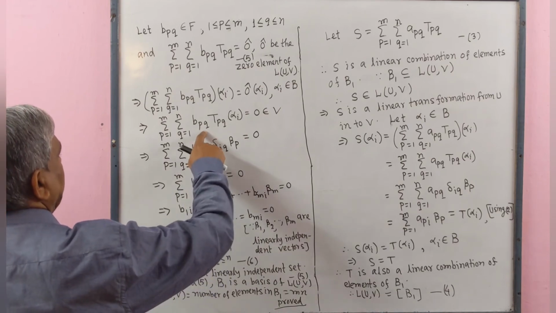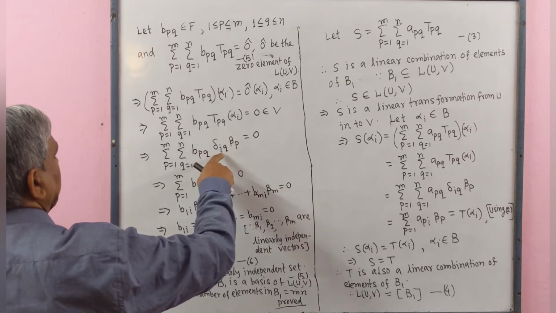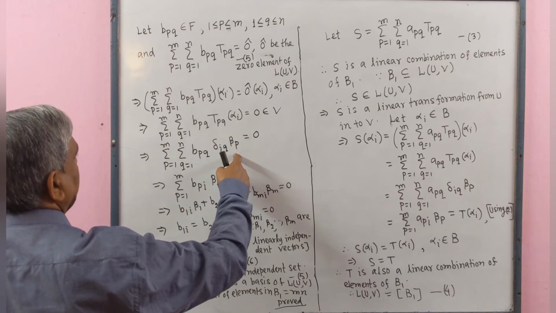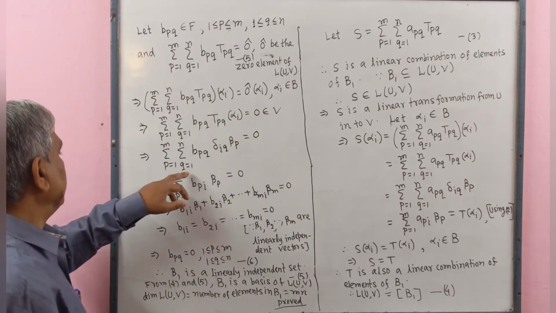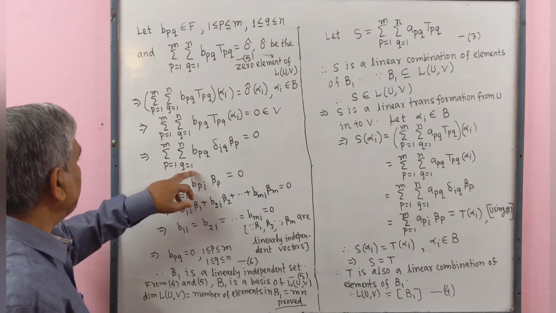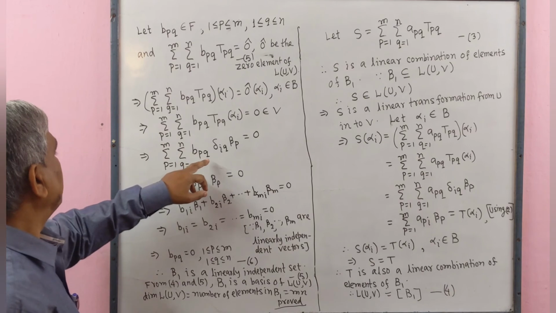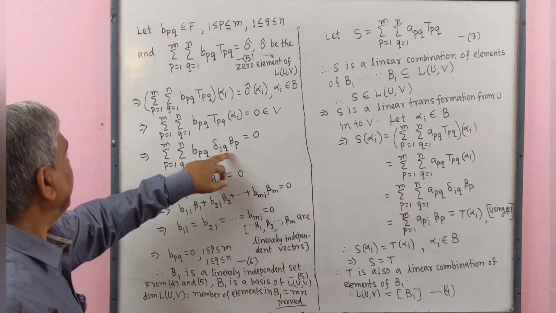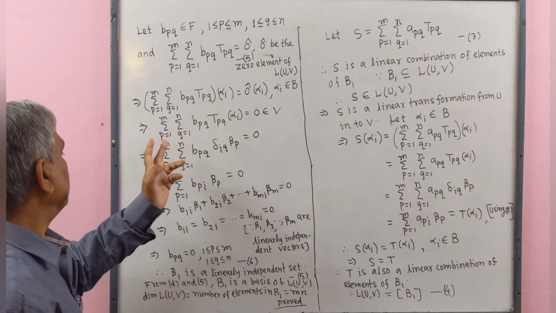And this equal to, we know, Kronecker delta IQ BP, and this equal to 0. Now putting Q equal to 1, 2, 3, ... N, when Q equal to I, then delta II equal to 1, otherwise 0.